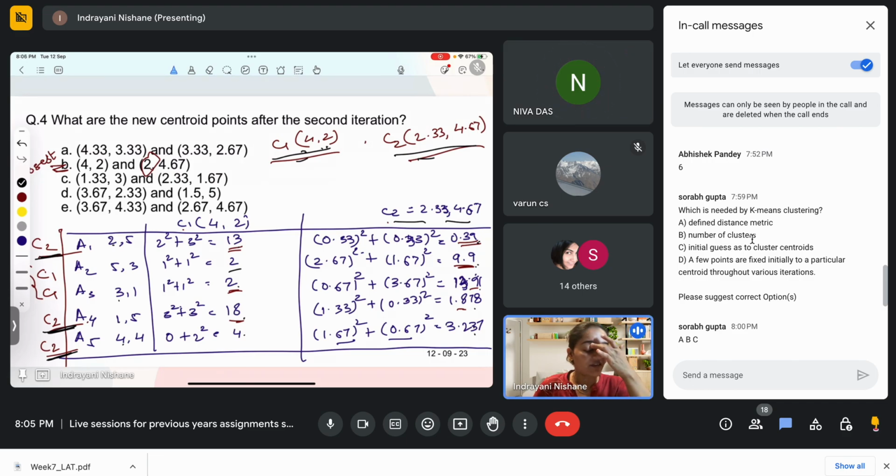So again, whenever we say that you have to start randomly, you have to do educated guessing. If you start with numbers which are too far away from your groups, then you have to do more iterations to get to the proper centroid value.